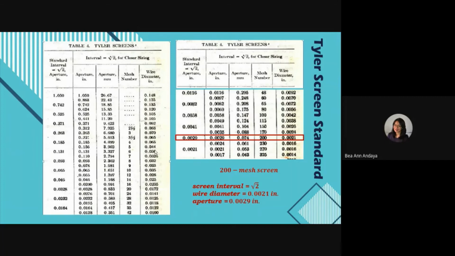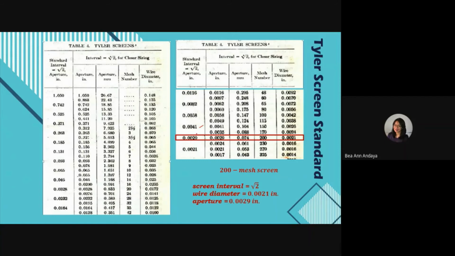Ngayon, paano ba ginagamit ang Tyler screen standard? Say for example, mag-i-start tayo dito sa 200 mesh screen and we want to place a screen on top of it. So according to our multiplier or screen interval na square root of 2, all you have to do is to multiply this one by square root of 2. So 0.0029 times the square root of 2, makakakuha tayo ng value na 0.0041.